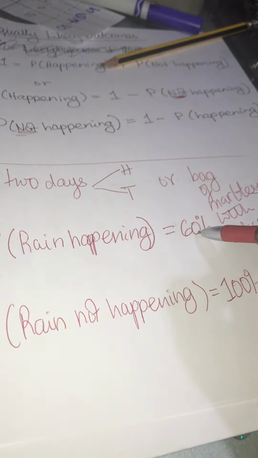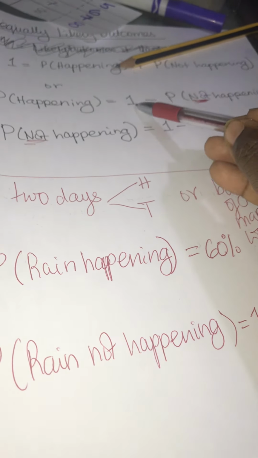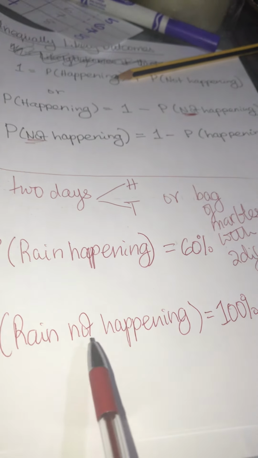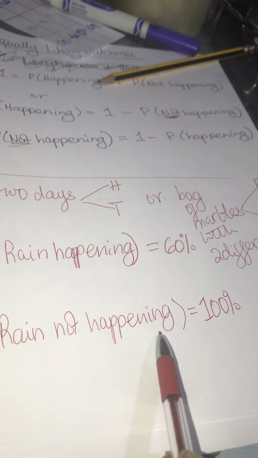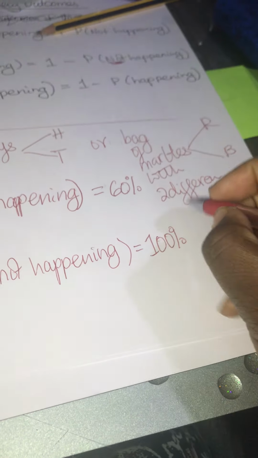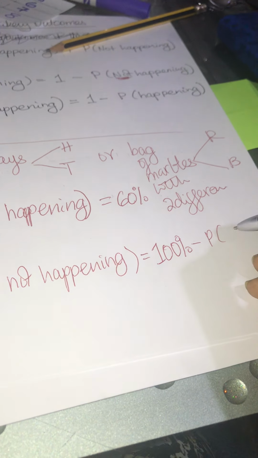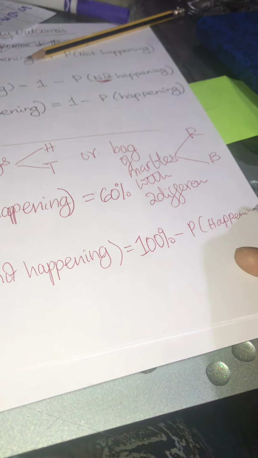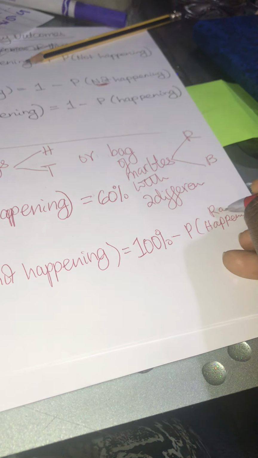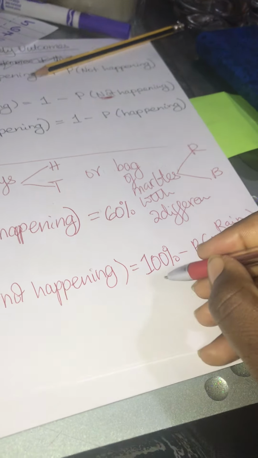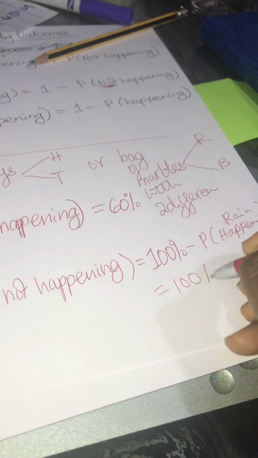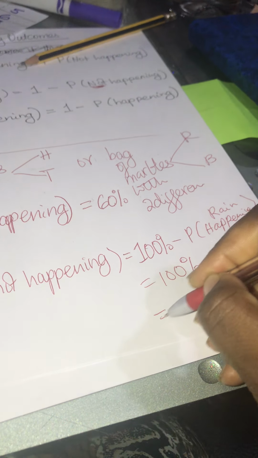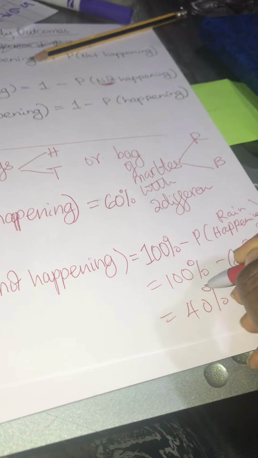If it was not a percent, then you use 1. If it is a percent, you use 100. The probability of not happening equals 100 minus the probability of happening. So that is 100% minus 60% equals 40%.